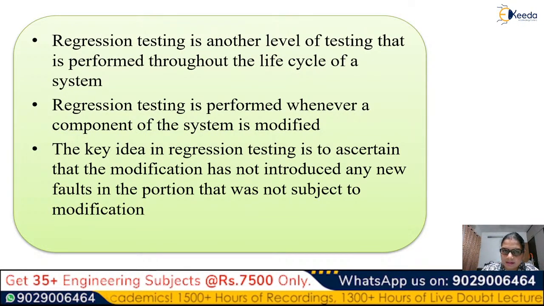For example, suppose there is an add module, and there are four operators: add, subtract, division, multiplication, and for the add module no changes occurred, no modification, nothing was introduced. But I found a fault inside it. How? I did not change anything. This can happen. This may happen.